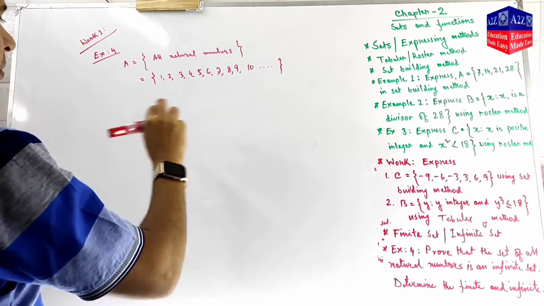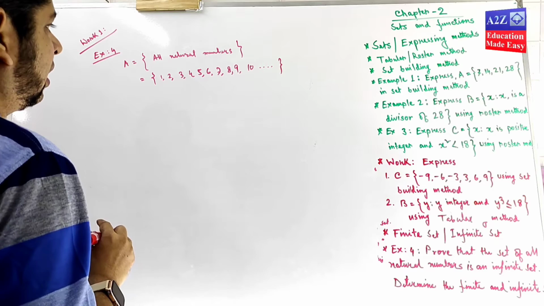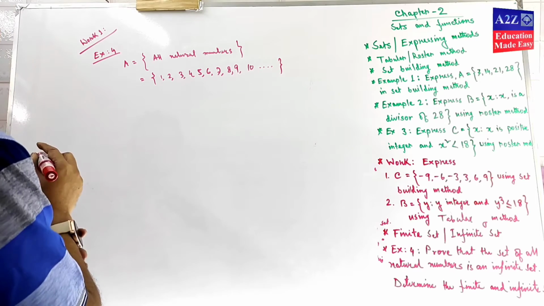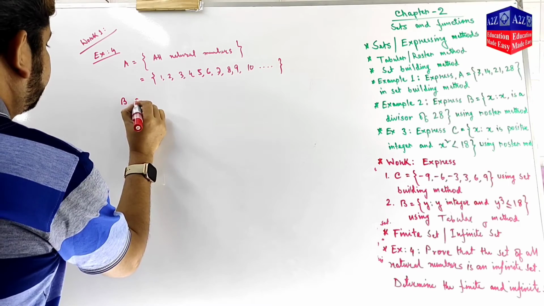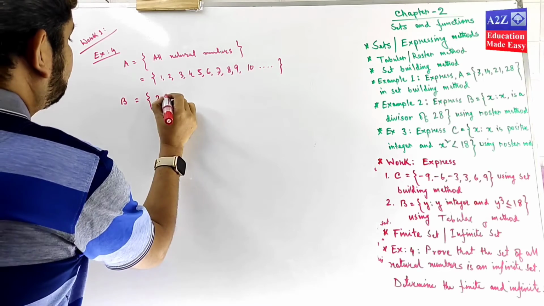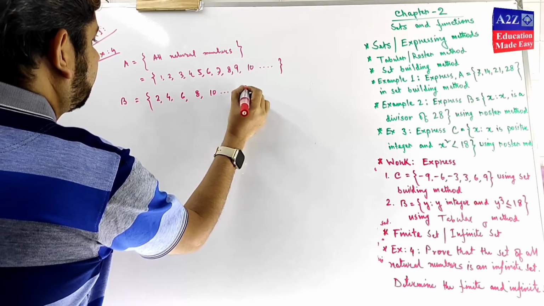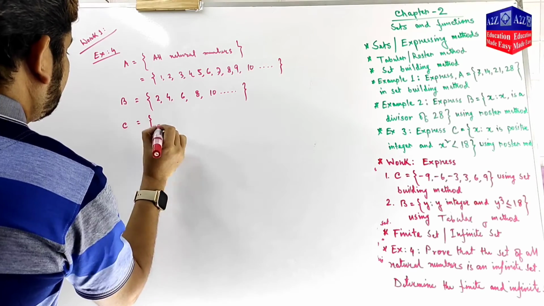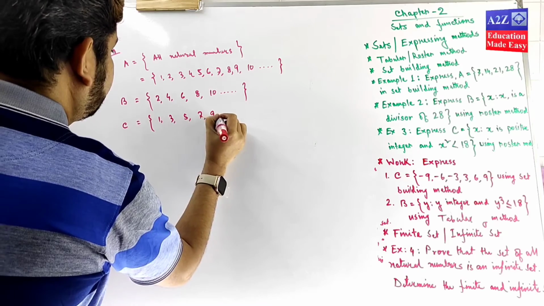The numbers are continuously moving to infinity, an unlimited number of items are included in this set. And say B is a set of all even numbers: 2, 4, 6, 8, 10, and so on. And C is a set of all odd numbers: 1, 3, 5, 7, 9, and so on.